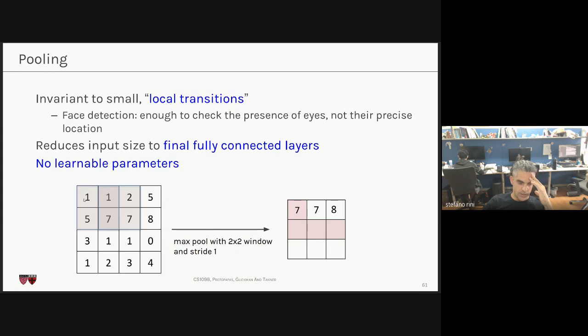So here we have a 2x2 pooling window, which means we start from the left corner, we look at the 2x2 window, and we plot what is the maximum value inside the window. Then stride 1, we shift right by 1, and we put what is the largest value, we shift right by 1, we put that, we get an 8.